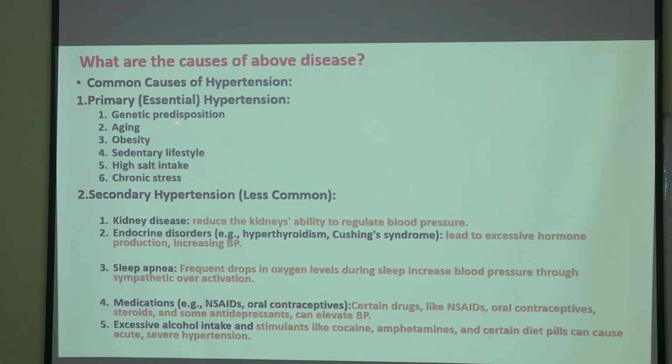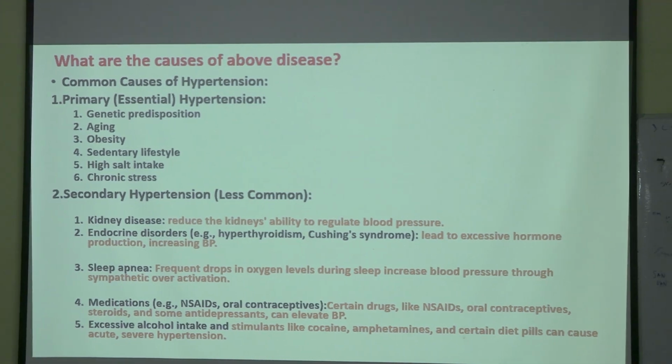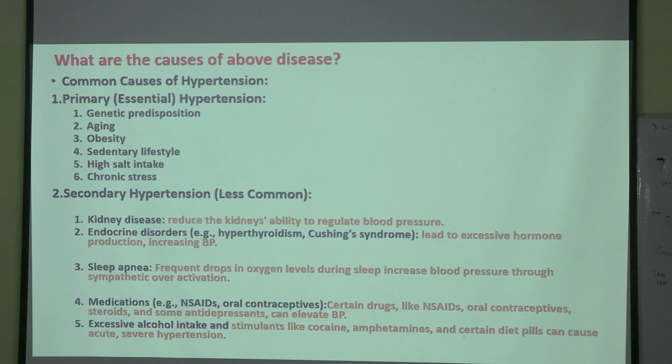So, as I mentioned, genetic predisposition is a causative factor, aging, obesity, sedentary lifestyles, high salt intake and chronic stress. All these factors are known as causative factors for essential or primary hypertension. In our case, the information regarding all those factors is given in the case.